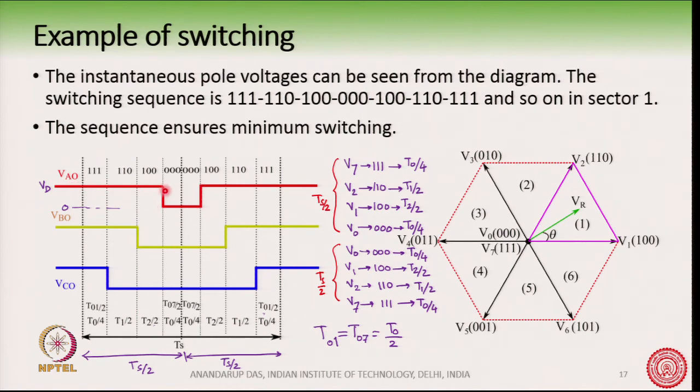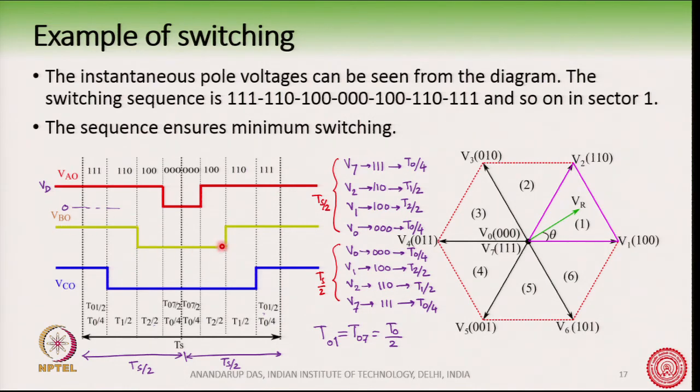So, because the upper switch and the lower switch are complementary in nature, the upper switch is turned on and off once in this whole time period Ts, which means the switching frequency of the upper and the lower switches in phase A is equal to 1 by Ts. Okay.